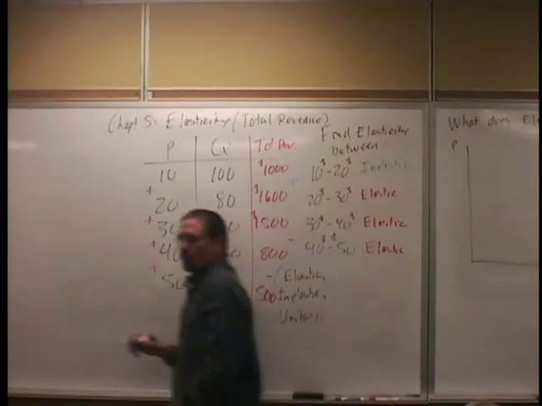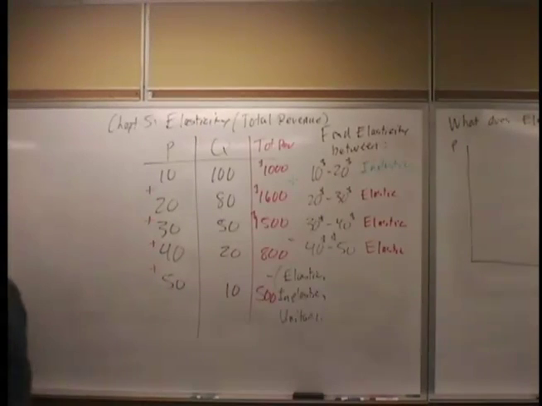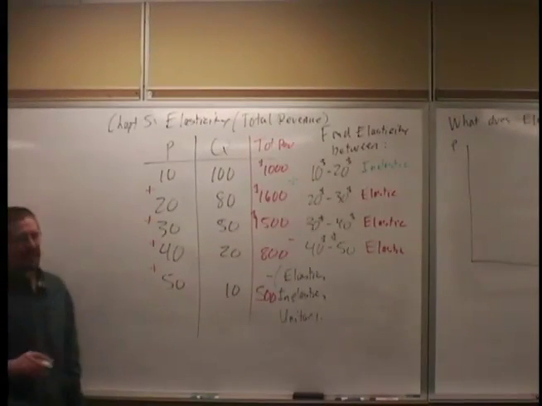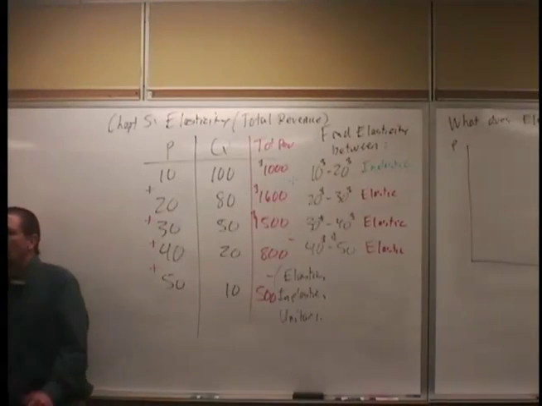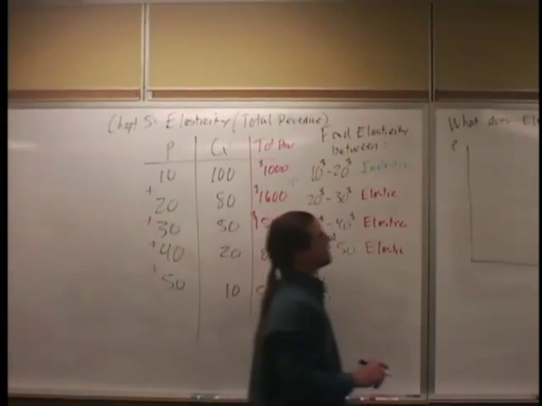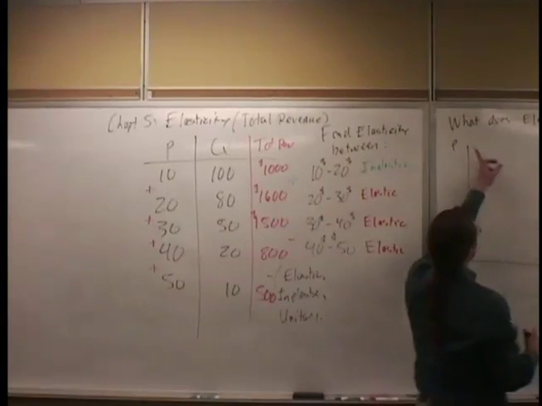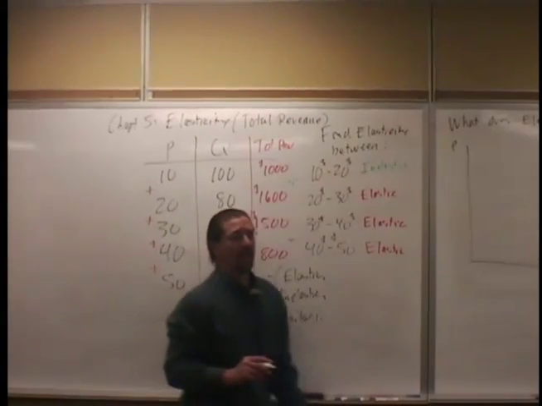So things like gasoline, right? When the price of gas shoots from $2.50 up to $3.20, we buy less gas, but do we buy a lot less gas? No. So my question to you is, what does the demand for gasoline look like if you were to draw it? Okay?